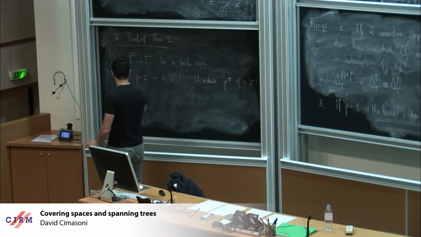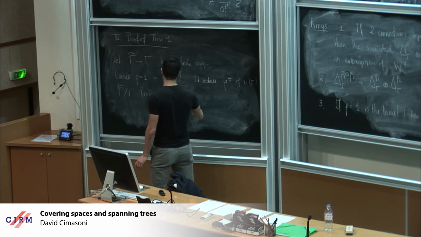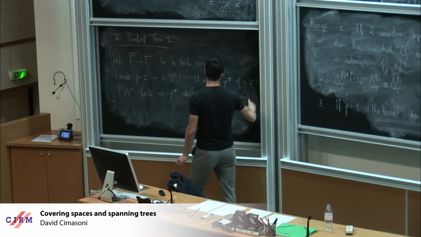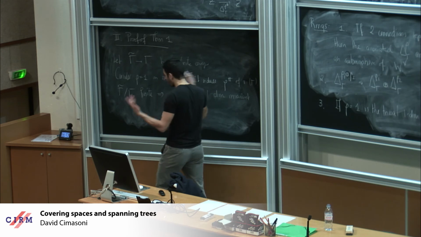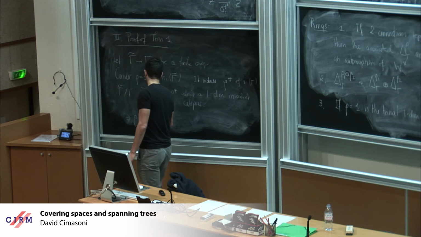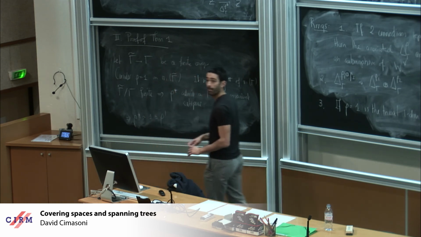Because this covering is finite, it implies that rho sharp admits a one-dimensional invariant subspace. So that means that rho sharp is isomorphic to a trivial one-dimensional representation plus some other representation rho prime.